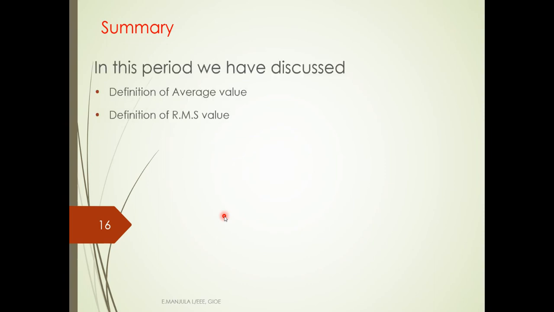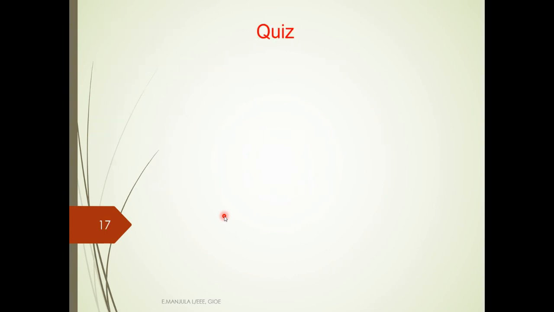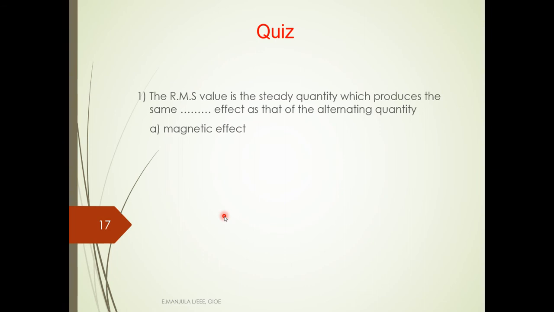In this session we have discussed the definition of average value, the definition of RMS value, and the mid-ordinate method of calculating the average and RMS values, and we have solved very simple problems on it. Now we will go for the quiz points.